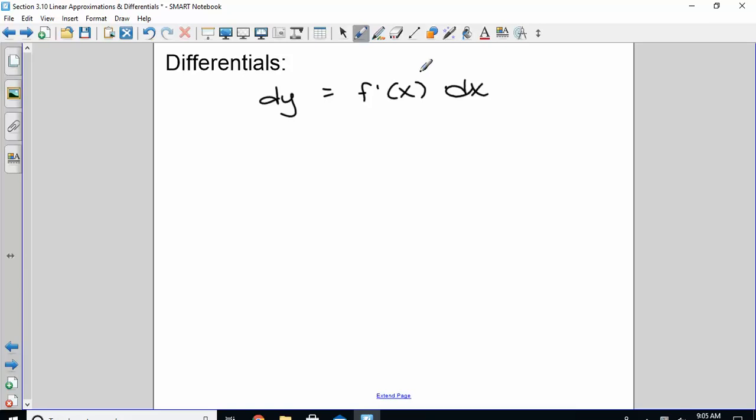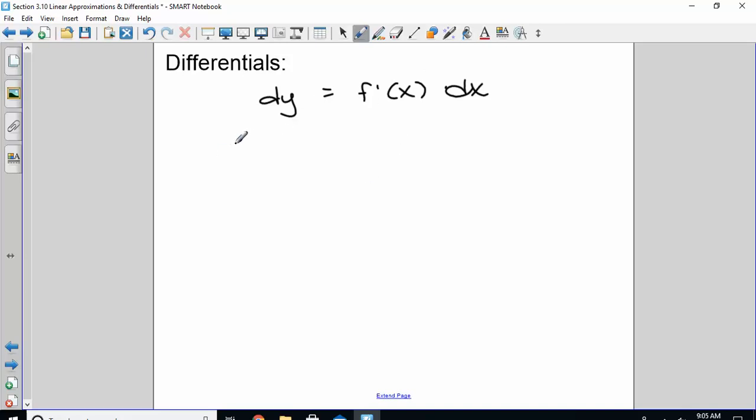It's essentially saying what's the change in y. Okay, the differential is the approximation to the change. Then the change in y that Riley was reading about is the actual change in y.